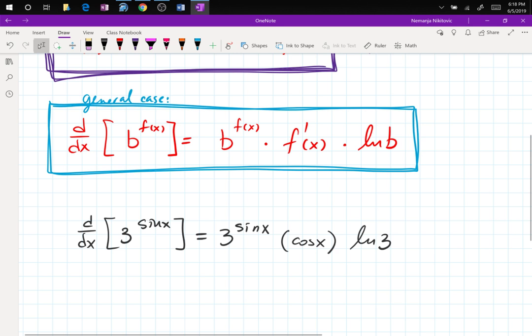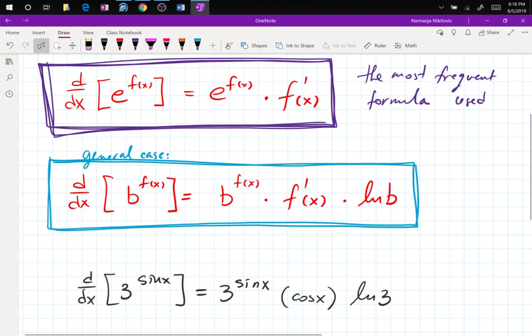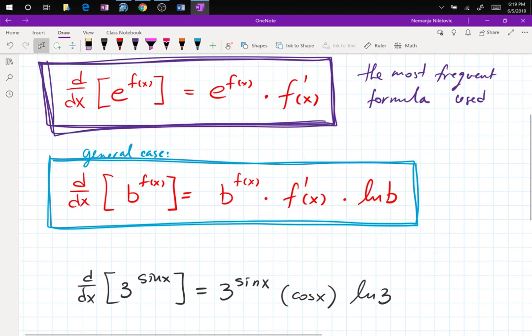And you're done. There is nothing to simplify, nothing to combine. You can punch ln 3 in the calculator, get decimals if you care. So there is really not much to do here. Exponential equations, as I said, if you know the purple one, you are covering the vast majority of your life. And then it's also easy to upgrade into the other one because it's just ln b that you're getting as an extra term.